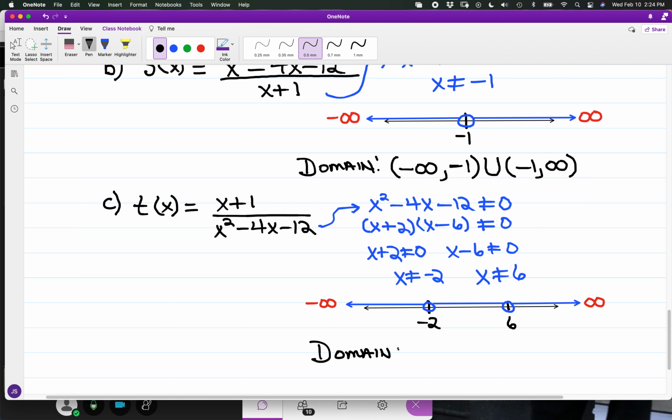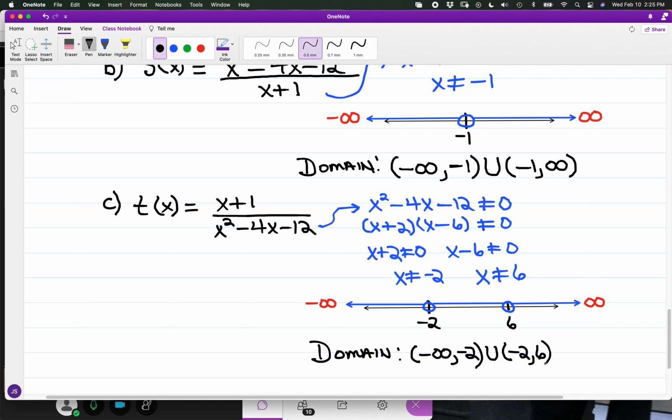For the interval notation, dancing around negative 2, you'll have those values less than negative 2. Next in line, we have those values greater than negative 2 and less than 6.